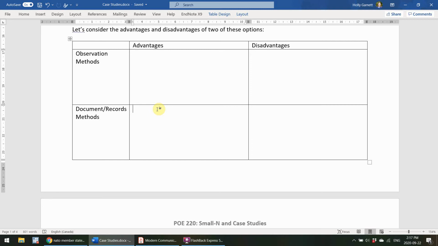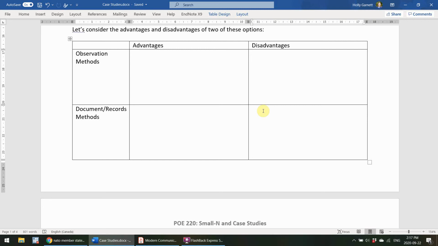Some disadvantages, though, of document or record methods is that you really only, again, get to see or read what people want you to see or read. Maybe they're going to black out some of the information they don't want you to see. They might, in their report, make it sound like they're doing everything perfectly, but they're actually not in reality.